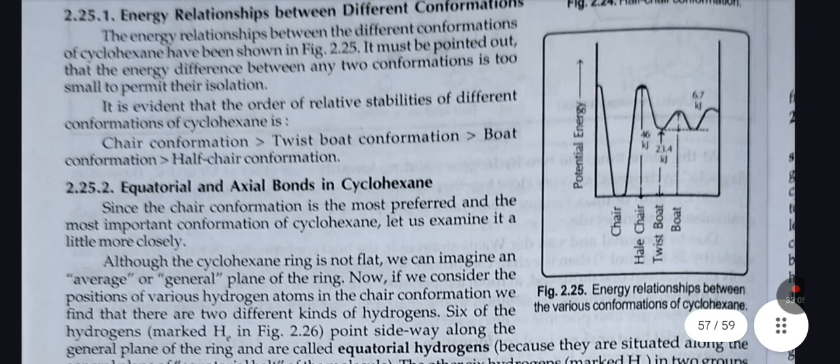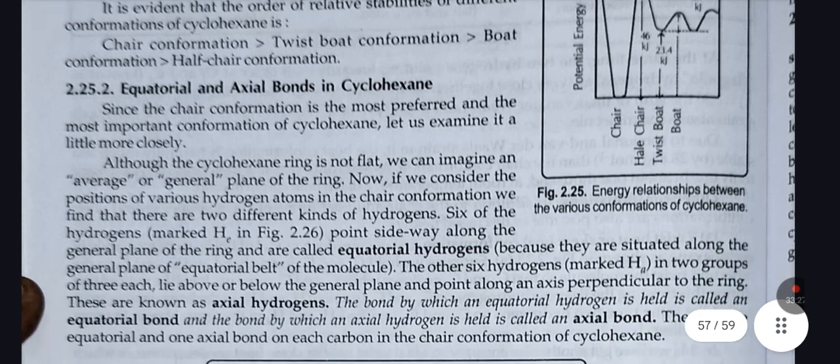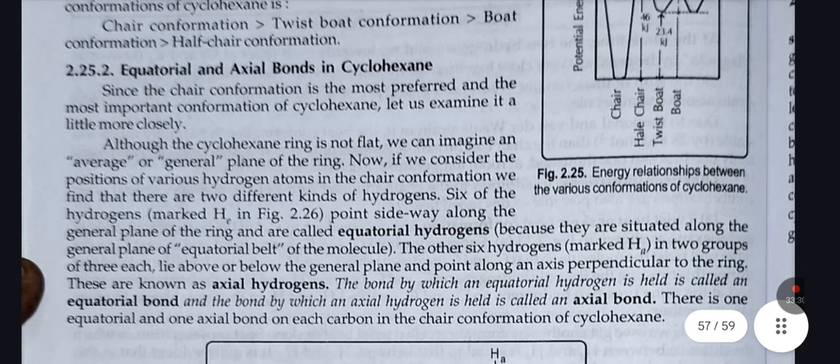The energy relationship between different conformations of cyclohexane has been shown in figure 2.25. It must be pointed out that the energy difference between any two conformations is too small to permit their isolation. It is evident that the order of relative stability of different conformations of cyclohexane is chair conformation, then twist boat conformation, then boat conformation, then half chair conformation.